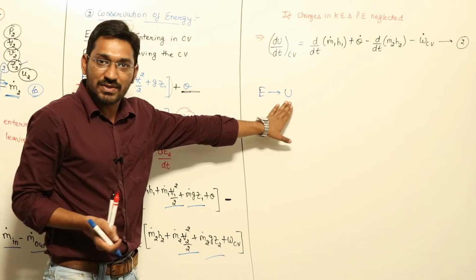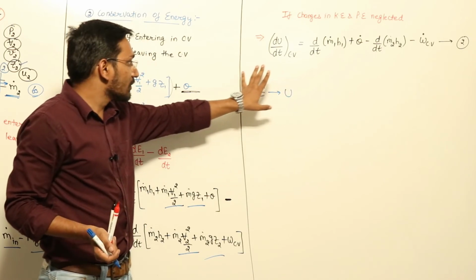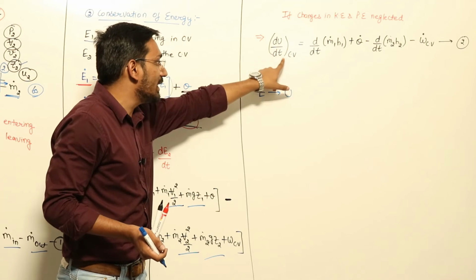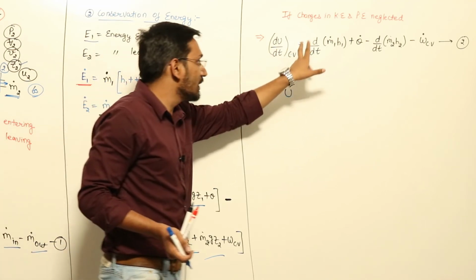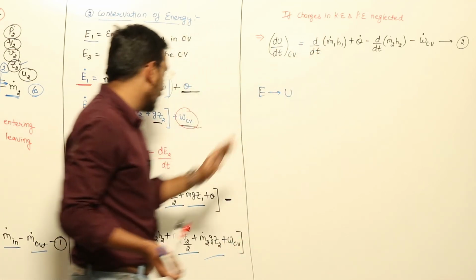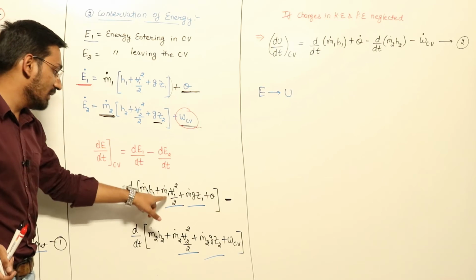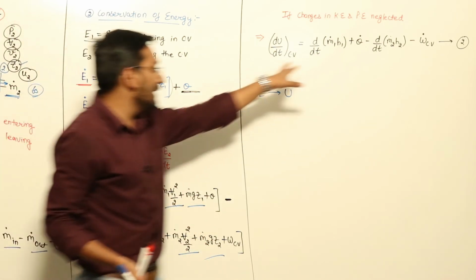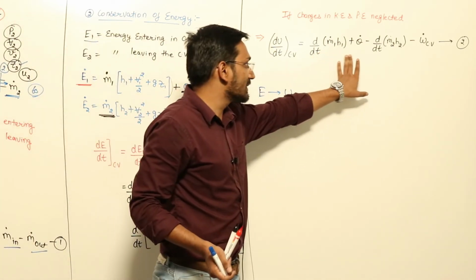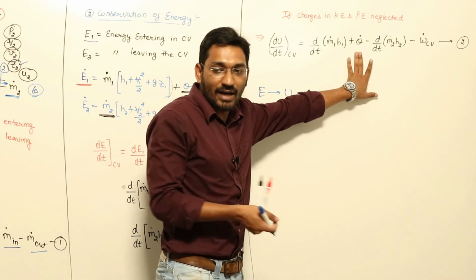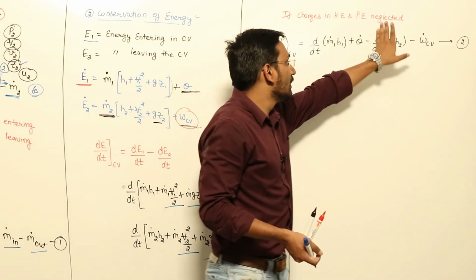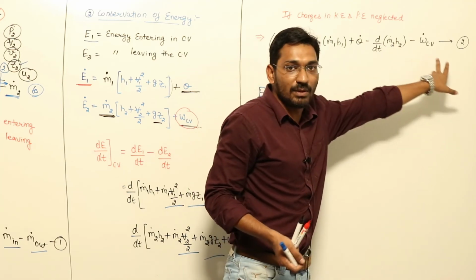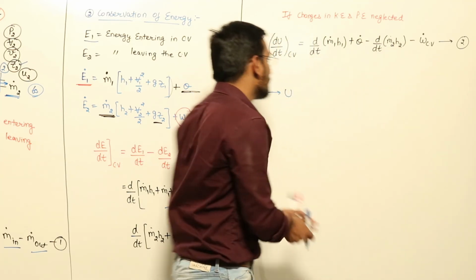Because then the system is a stationary system. So in place of E I am writing U. This is dU by dt of a control volume is equal to d by dt of m dot 1 h1, the v1 square and z1 terms will go, plus Q dot, that is your heat transfer rate, minus d by dt of m dot 2 h2 minus Wcv dot, that is work transfer rate.